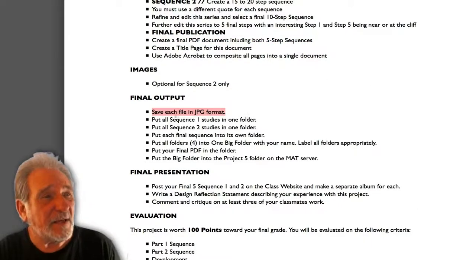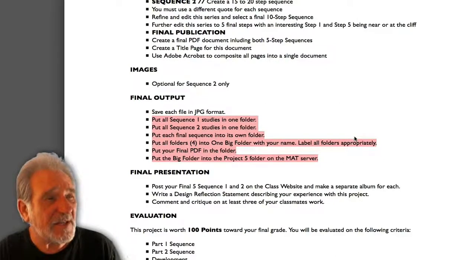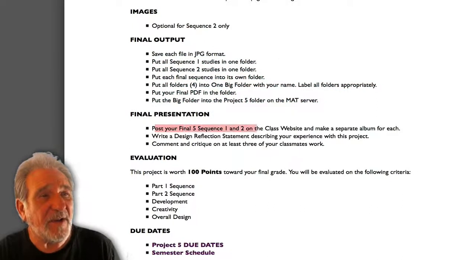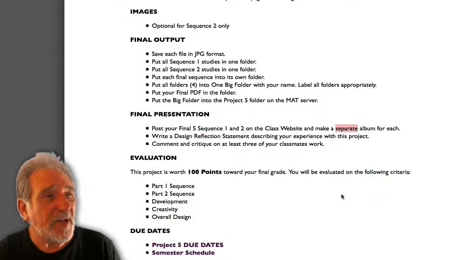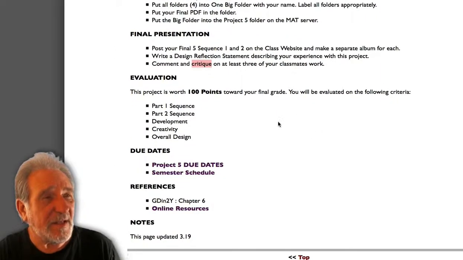Okay, and again, I'll cover all of this detail stuff in the sequence 2 specifications. You will then be posting your final 5 sequences 1 and 2 on the class website. You'll be making a separate album. You'll be writing a design reflection statement, and you'll be critiquing 3 of your fellow classmates' work. And again, I'll cover this in a little more detail in the next project specifications.